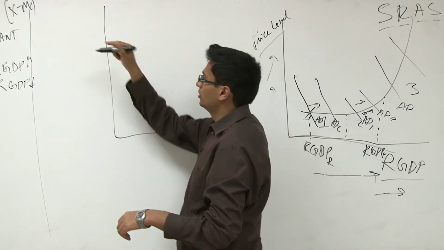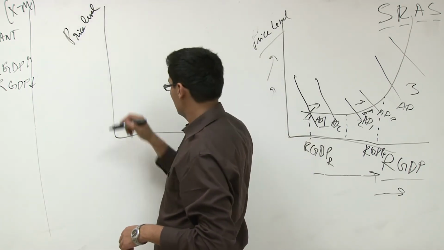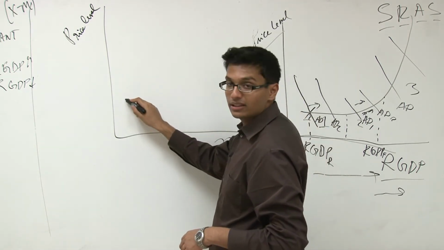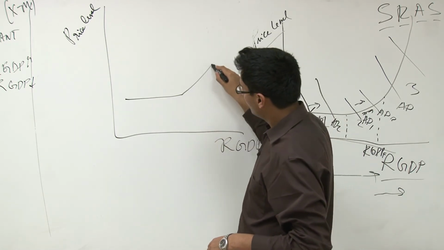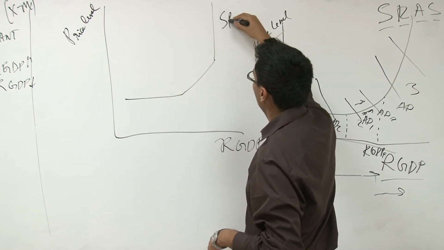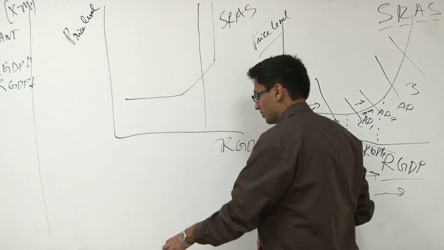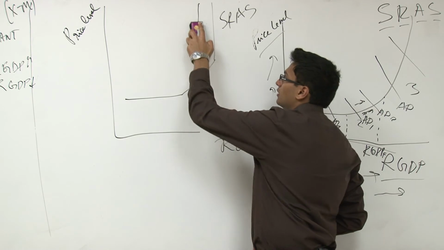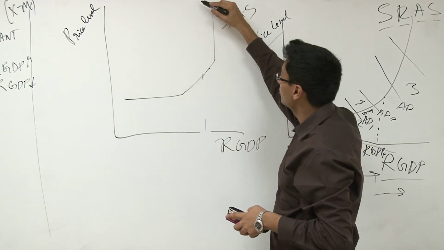And let's say for argument's sake that we said this is the horizontal part, there was a growing part, and we said the exponential part, okay? SRAS. We said full employment's right about here, maybe a little bit to the right. So let me just erase it a little bit. Okay, let me draw LRAS right down here.